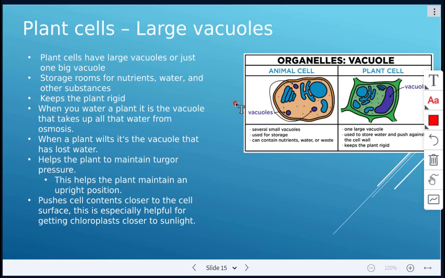All right, so in the animal cell, we see the several small vacuoles used for storage. They can contain nutrients, water, or waste. And here in the plant cell, we see one large vacuole. It's used to store water, which pushes against the cell wall, and it also keeps the plant rigid.